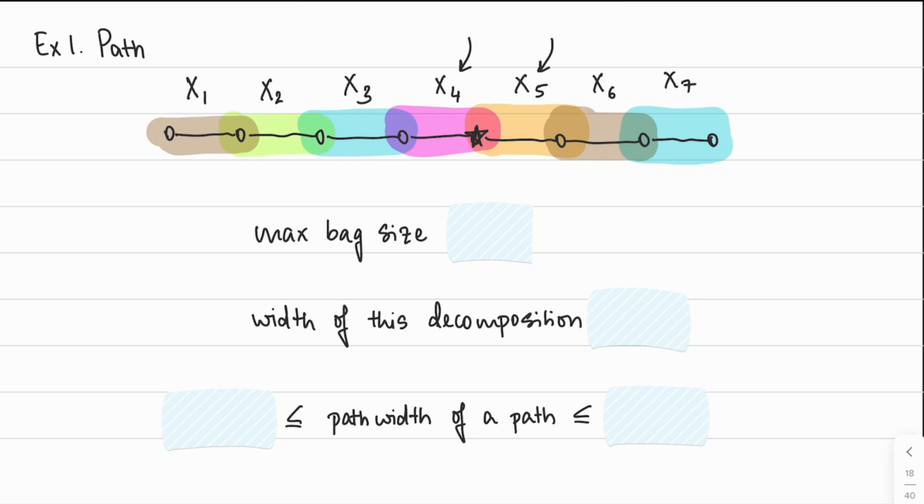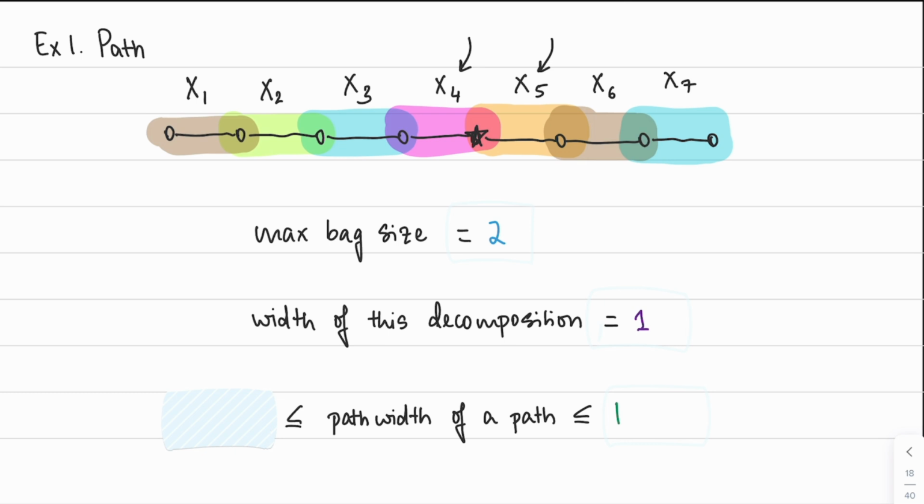So the maximum bag size of this decomposition is in fact just 2. And therefore, the width of this decomposition is 1 because the width of the decomposition is the size of the largest bag minus 1. And this is practically the reason that we put in the minus 1 in the first place. So the width of this decomposition is 1. So the path width of a path is certainly at most 1.